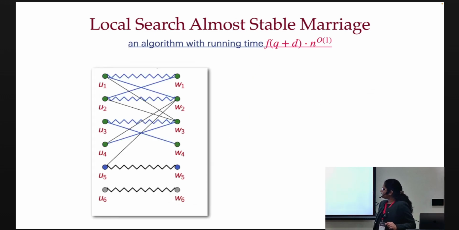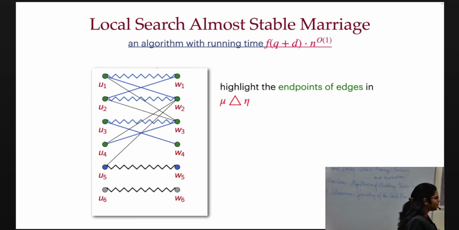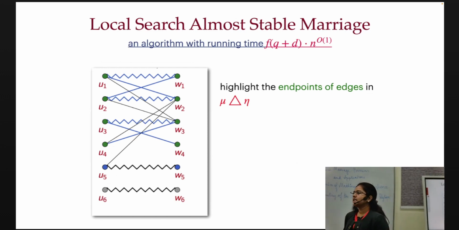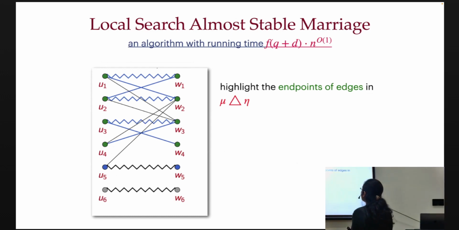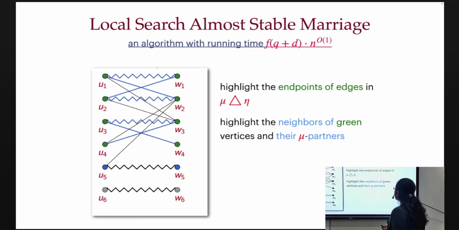So what we will use here, again this is all under the assumption, I am going to give you a randomized algorithm now. We want to highlight the endpoints of edges that are in the symmetric difference.